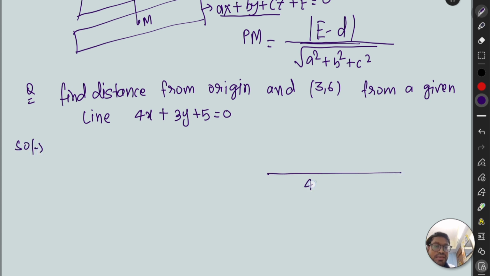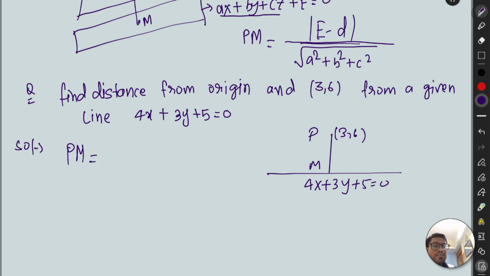Suppose there is a line 4x plus 3y plus 5 equal to 0 and a point 3 comma 6. We need to find the perpendicular distance PM.